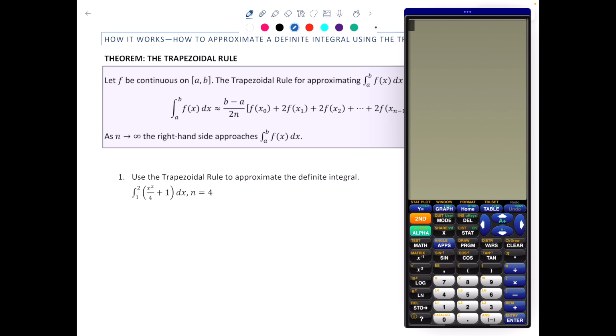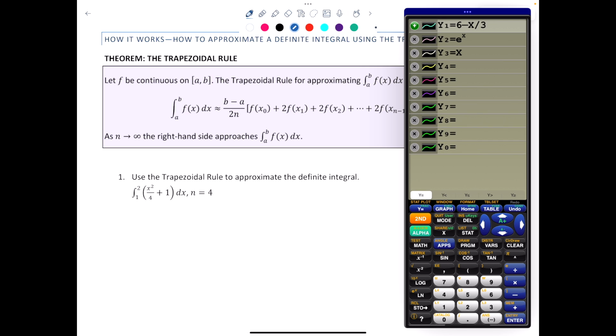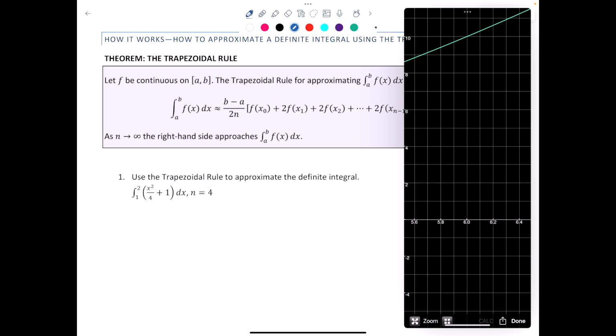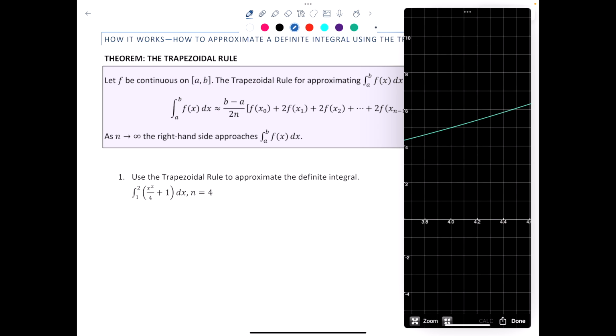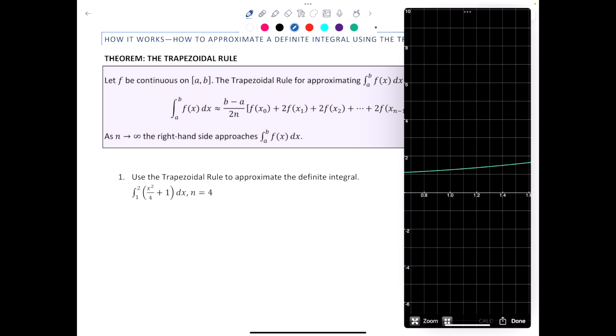I'm going to go to y equals, and then we will graph x squared over 4 plus 1, and then we are interested in the x values between 1 and 2.